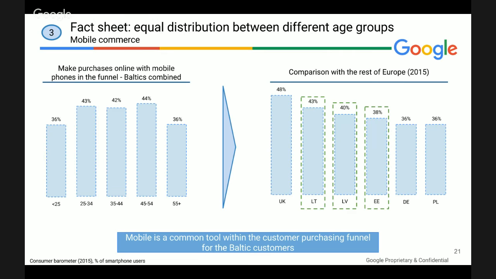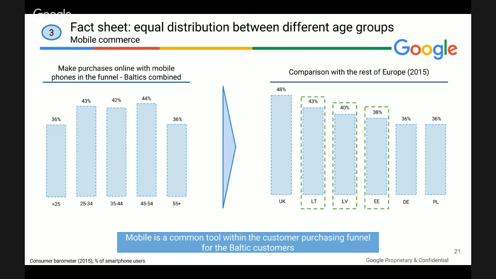And some stats from the mobile e-commerce store. If we look on the left-hand side, we see that the distribution between different age groups is quite similar, which means that a lot of the mobile users actually have used mobile in their mobile purchasing funnel.